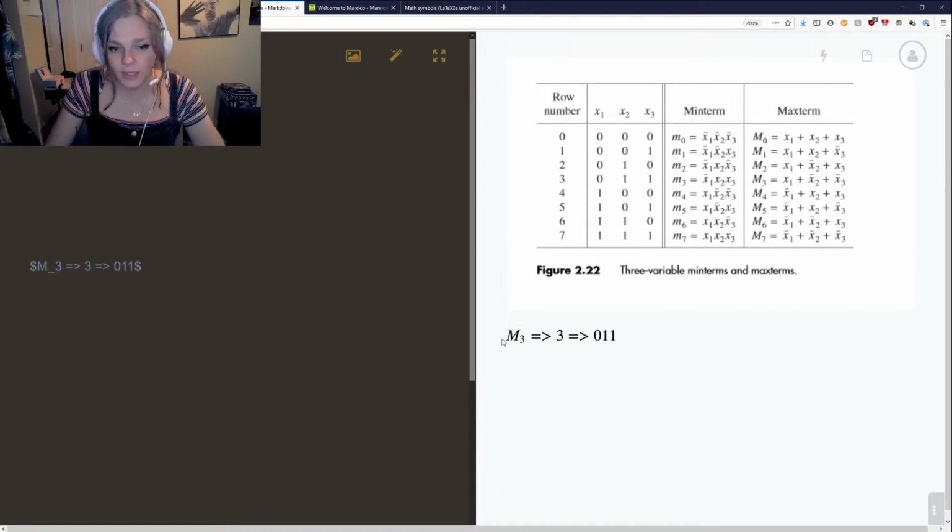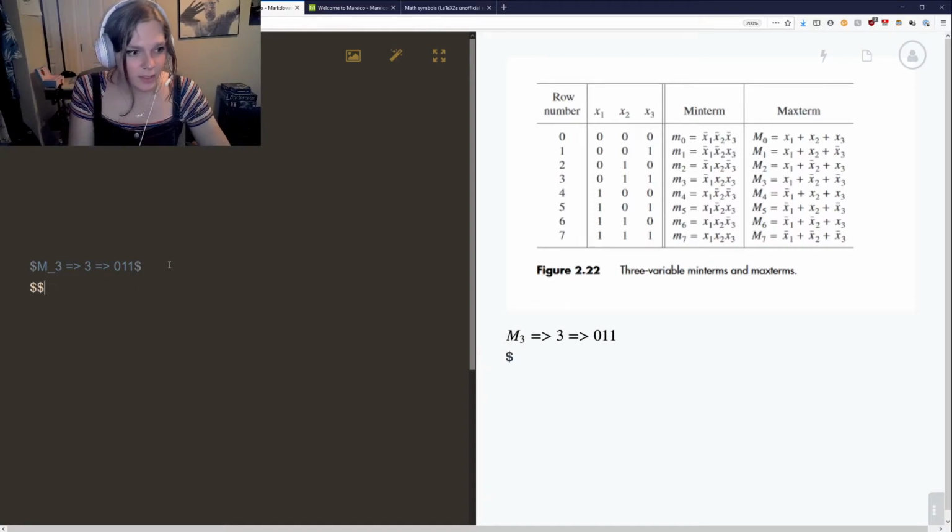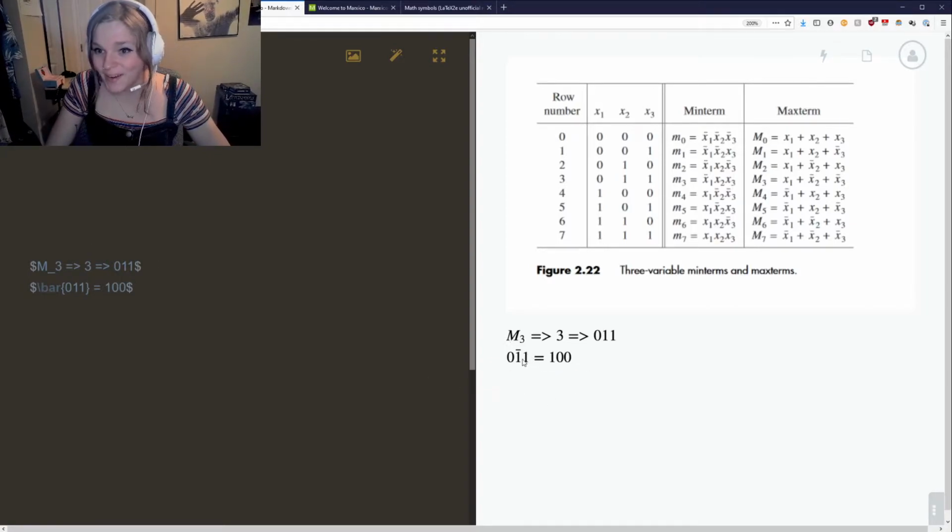So 3 in binary is 0, 1, 1. Next, for the max term, we want to take the complement of that number. The complement of 0, 1, 1 is equal to 1, 0, 0. That bar did not go over all of those numbers, unfortunately, but the small bar represents a not for the whole thing.